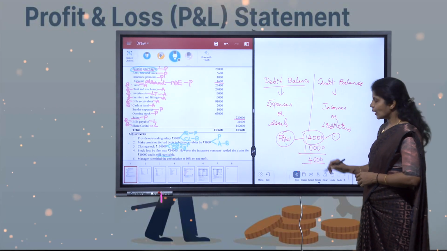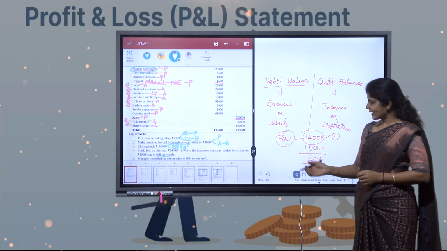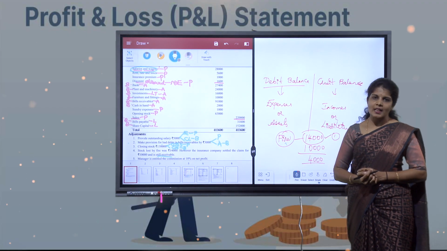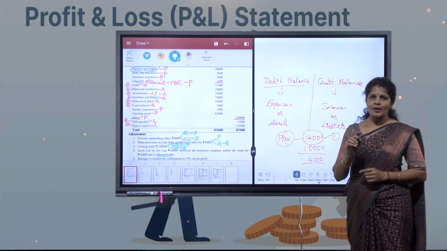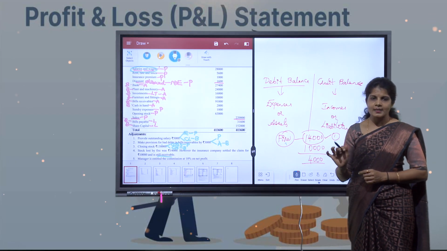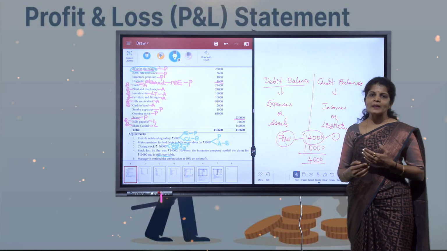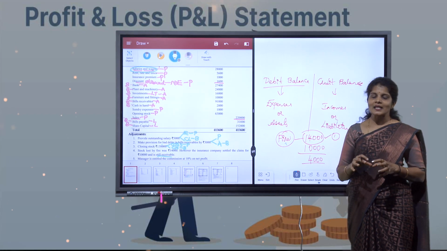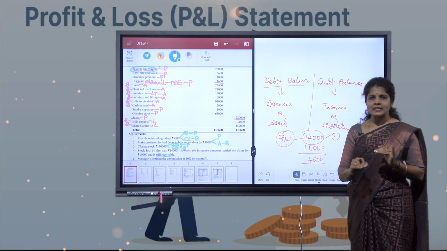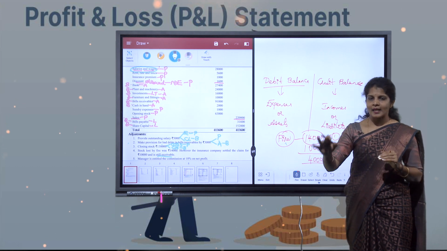And one more adjustment is that we have to receive this 10,000. But this 10,000 rupees is receivable; we have not yet received it. When it is receivable, it means it is outstanding. When an expense is outstanding, it is a liability.